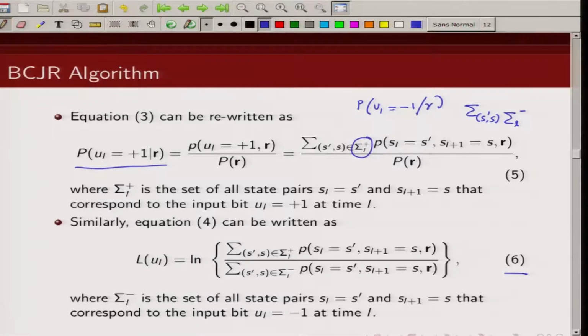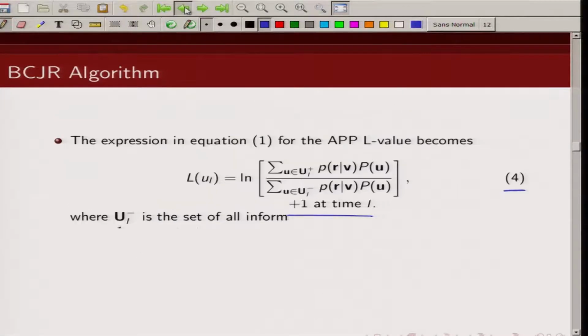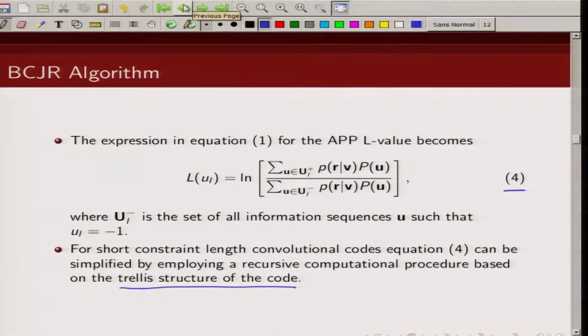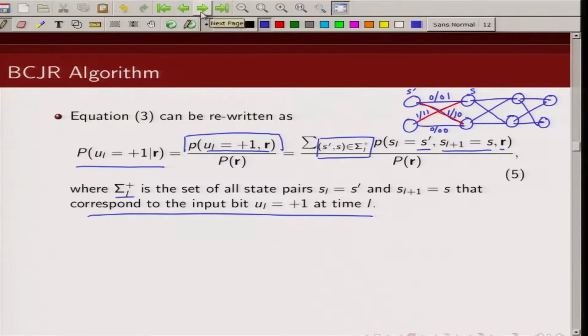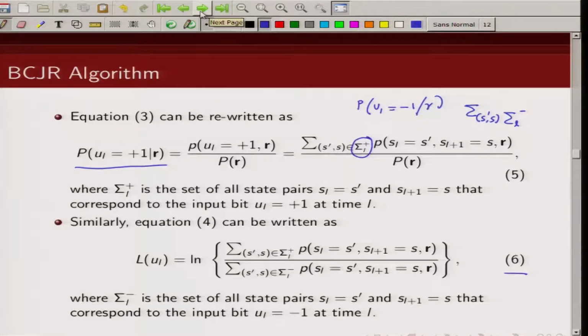So, note that previously I had the same expression, equation number 4, in terms of this input sequence UL. Now, if our input sequence is very long, this is a summation over a large number of terms, whereas I have now simplified my expression.